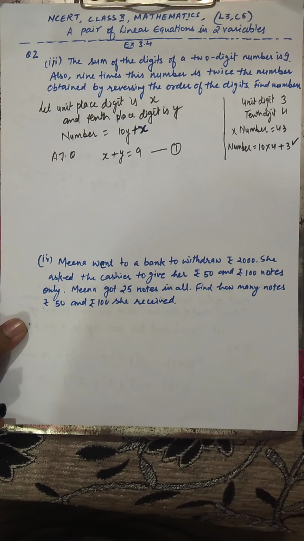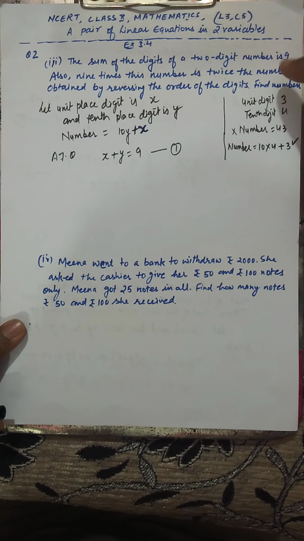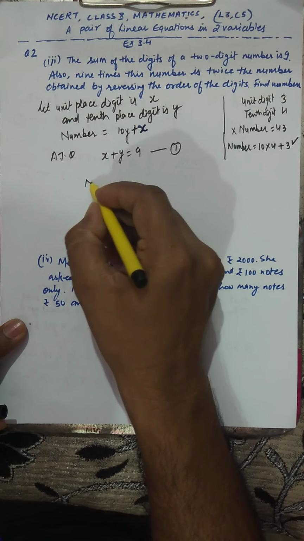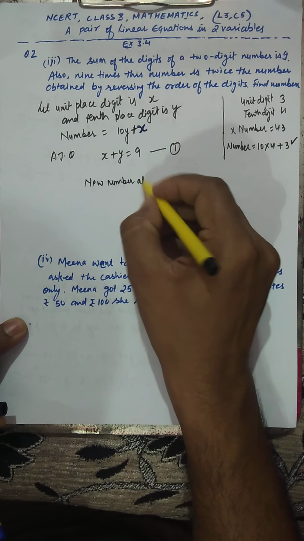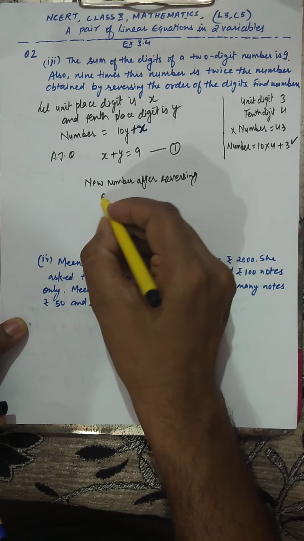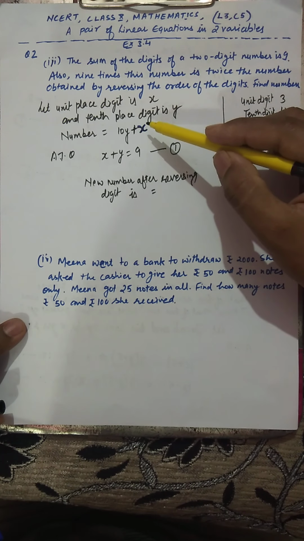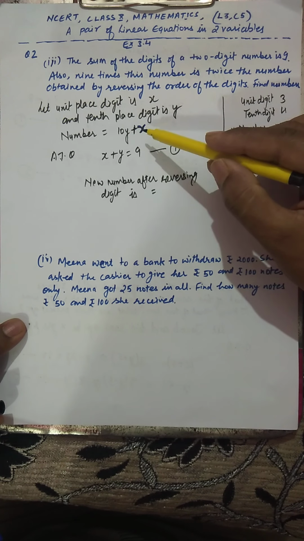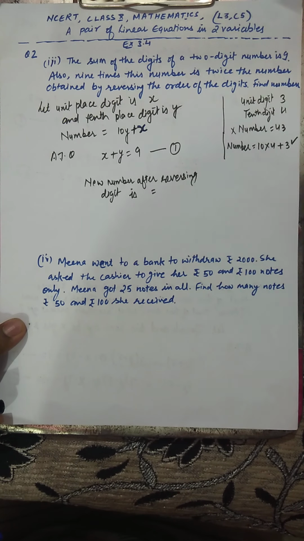And also 9 times this number is twice the number obtained by reversing the order of the digits. Reversing the digits means the unit place will be replaced by y, and the tens place will be replaced by x.